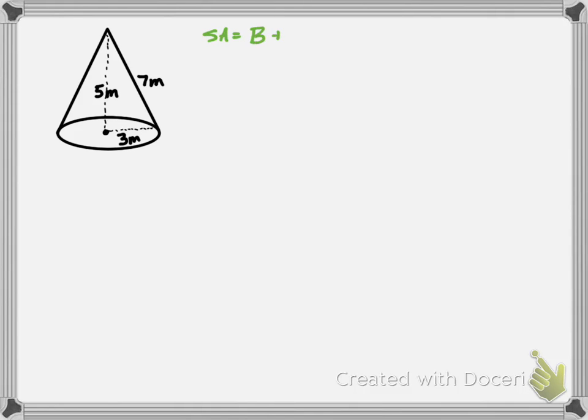So I've got my formula. Surface area equals the area of the base plus 1/2 circumference times slant height, or I can use pi r squared plus pi r L. Again, the first thing I need to know is where's my base. That's the circle.